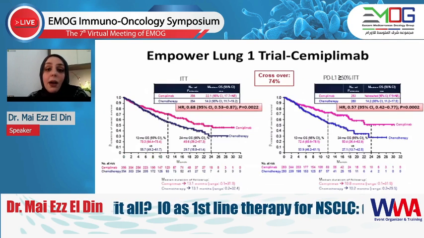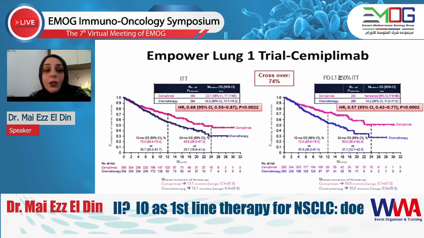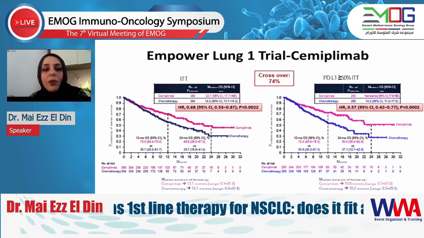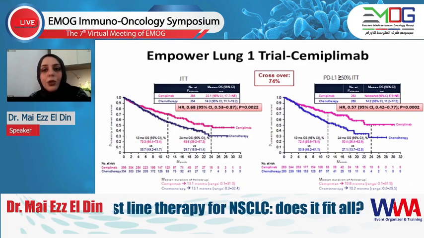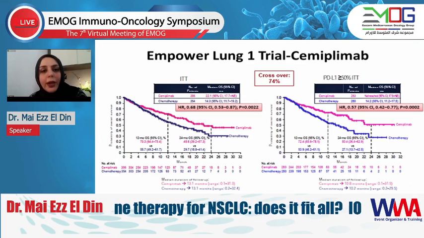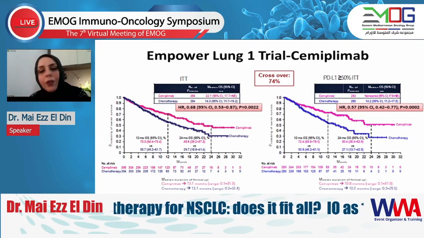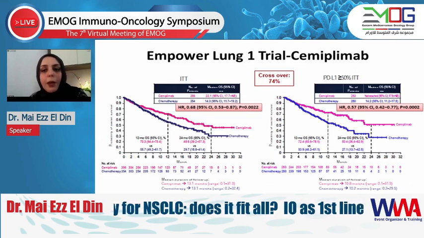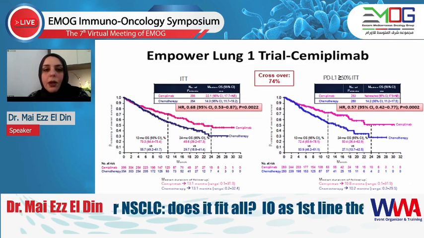And even despite the high crossover, 74% crossover rate, and 2 analyses we have for overall survival, still in an intent-to-treat whole population, and later on a regulatory revision of the PD-L1 test was performed, still hazard ratios of 0.68 and 0.57 were observed.